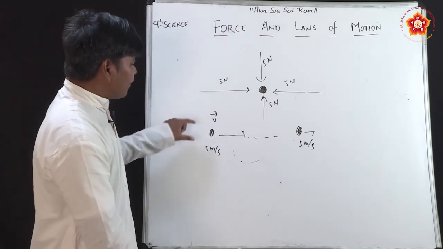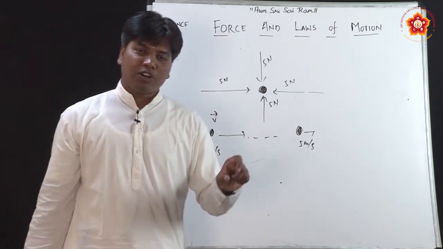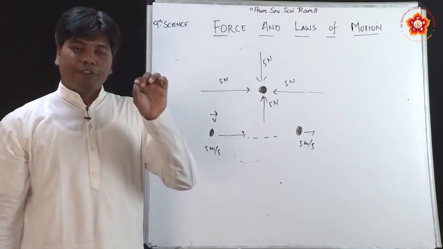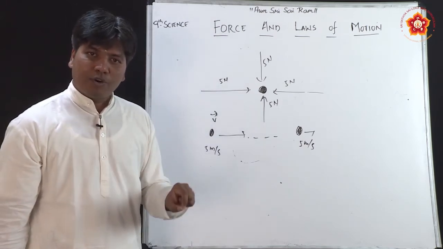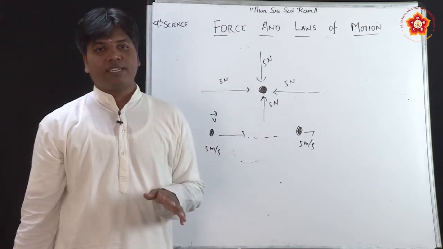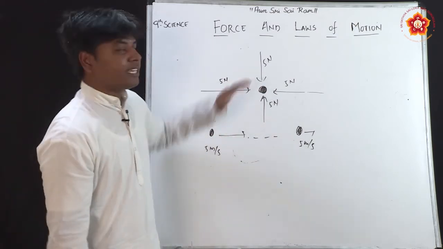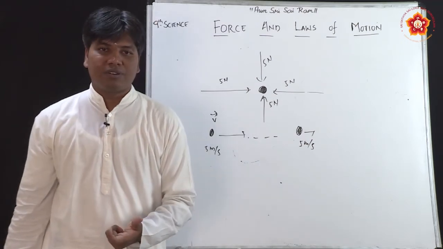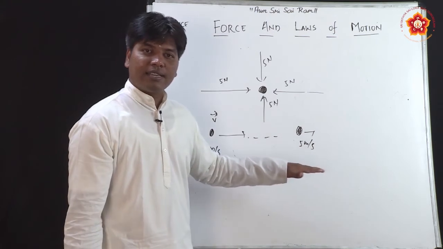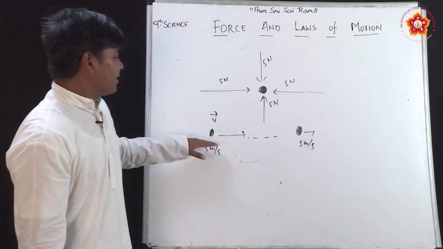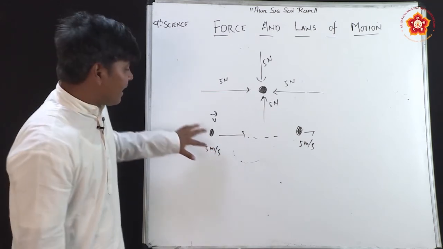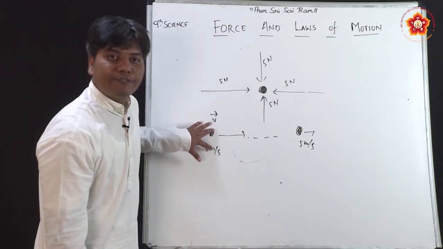Can we say that if the body is moving, a force is acting on the body? No, because if a force has to act on a body, it should either increase or decrease the velocity. Rest is the special case where the velocity is equal to 0, right? So here, as the velocity is not increasing, we cannot say that it is under the influence of force. It is under the influence of balanced force.